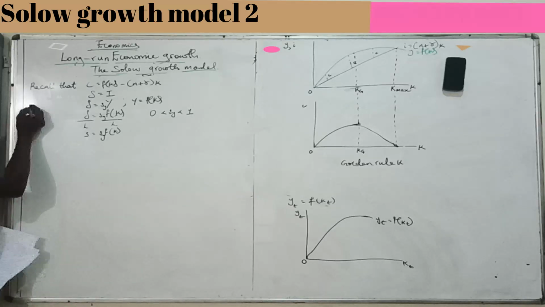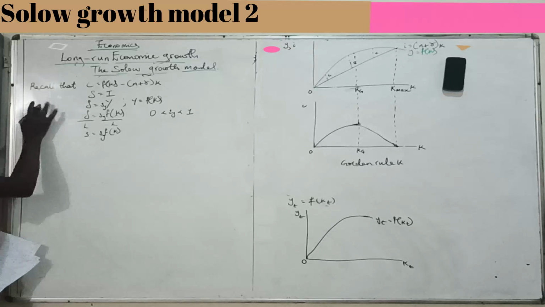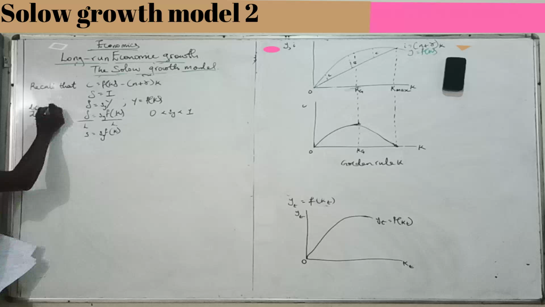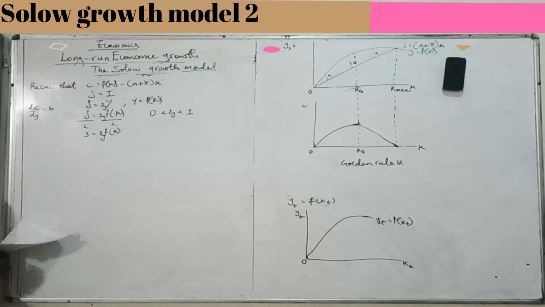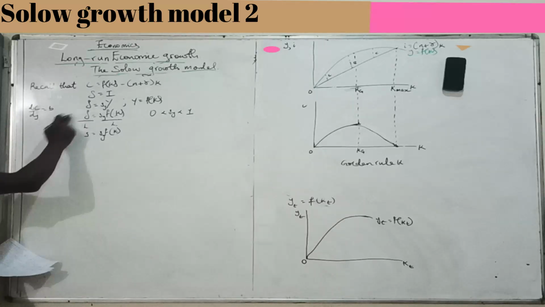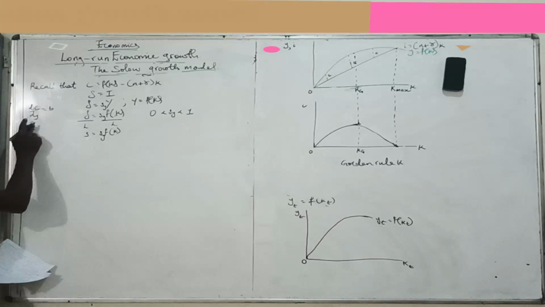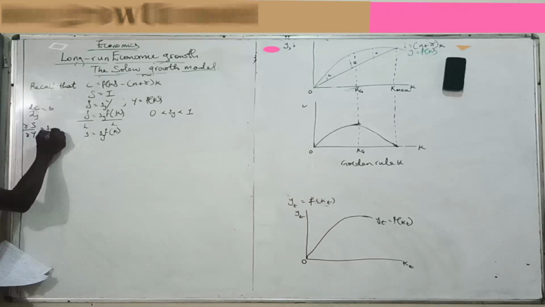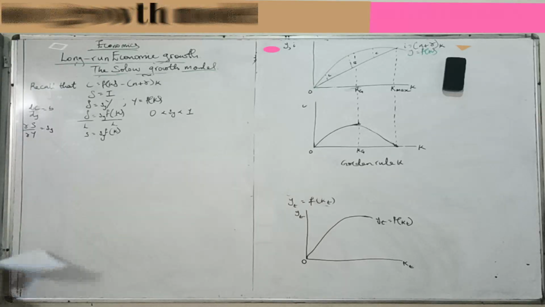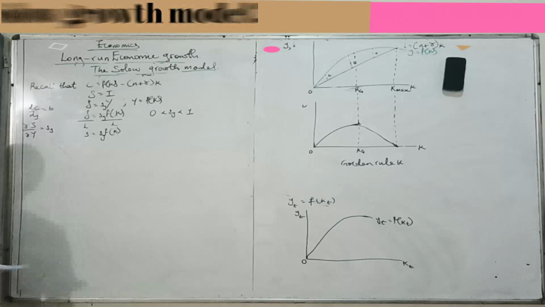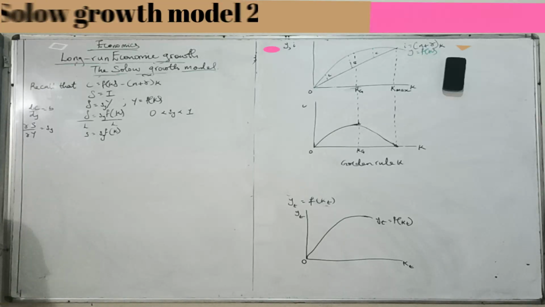If we want to get our MPC, it is the change in consumption as a result of a change in income. Here, a change in S whenever there is a change in Y gives us sy. So this is our MPS in this case, and it's lesser than 1. So maybe 0.2, 0.5 or whatever.